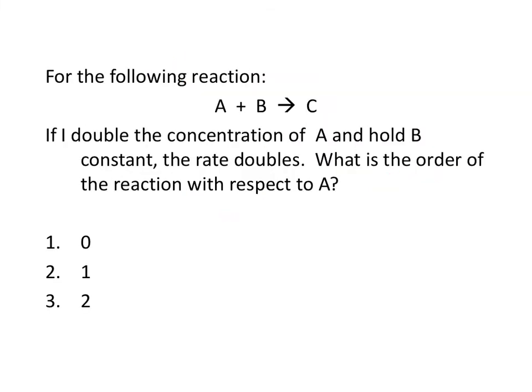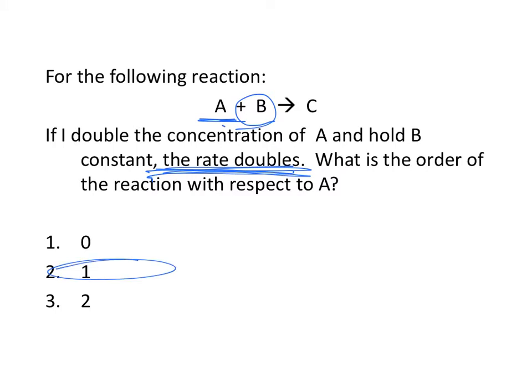Now, let's see if we still remember order of the reaction. The question is, for the following reaction A plus B giving you C, if I double the concentration of A and hold B constant, so we are keeping this constant, we are doubling this, the rate doubles. So if A doubles, R doubles. What is the order with respect to A? So hopefully you can see it's a linear relationship.